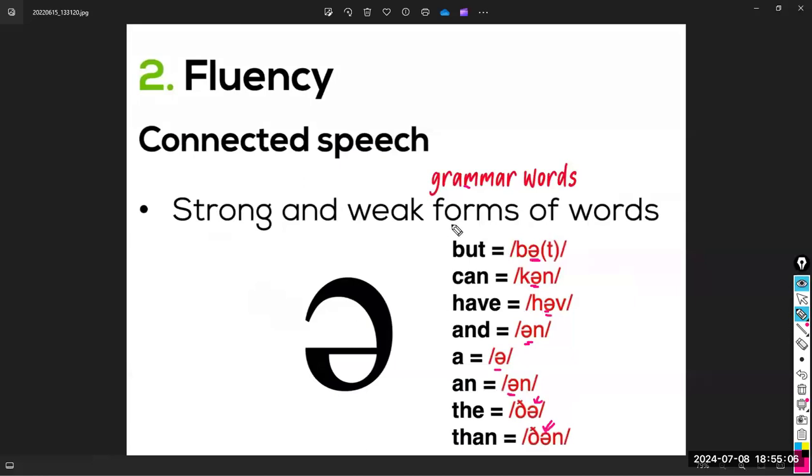Okay. So be careful about the weak and the strong forms, especially if the letters are vowel letters like A. These words are weak forms, right? Exactly. But be careful about the vowels.